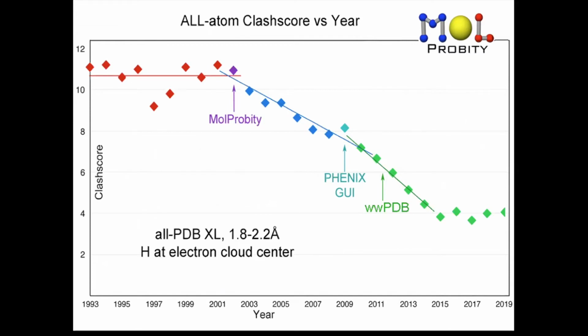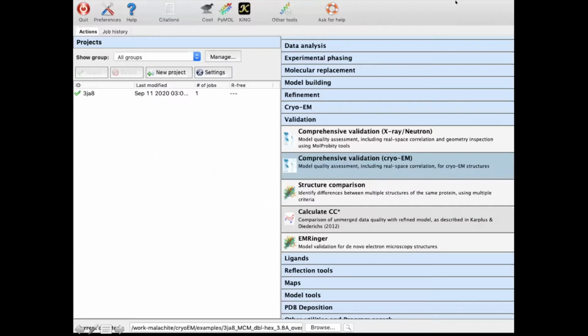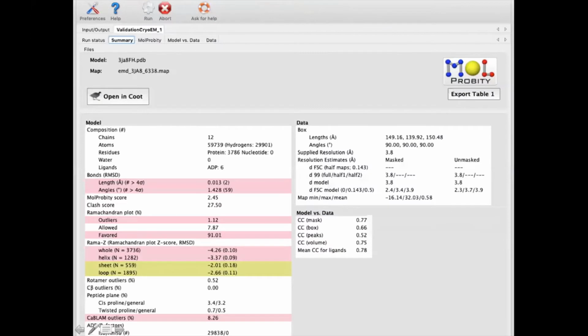However, people have learned to rely on this. And as I said, it doesn't work as well later. However, all of those early tools are there in the validation GUIs, either the X-ray one or the cryo-EM one. And as Pavel said, you can get to it either on the validation tab or on the cryo-EM tab. And he showed a lot of these, so I'm not going to dwell on them much.